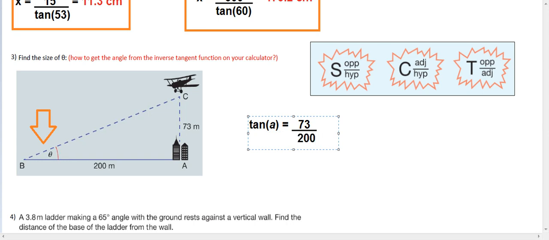200. Now A is going to be equal to the inverse function of tangent. I can't write down tangent to the power of -1 here, but I may try. Tangent of 73 divided by 200.